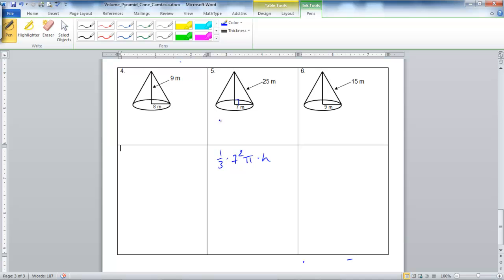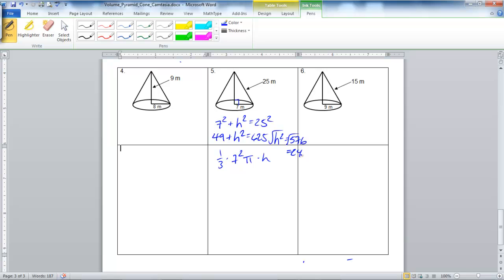So the Pythagorean theorem we can use is 7 squared plus my height squared is equal to 25 squared. That's 49. This is 625. If I subtract that 49 from both sides, I get h squared is equal to 576.